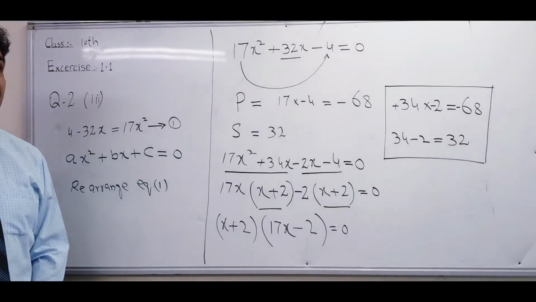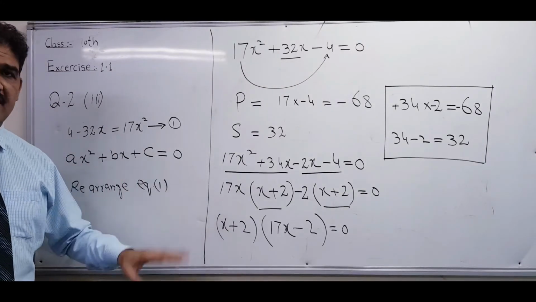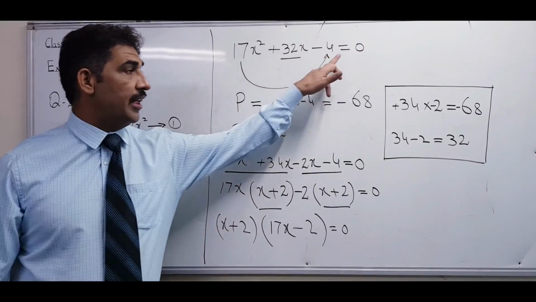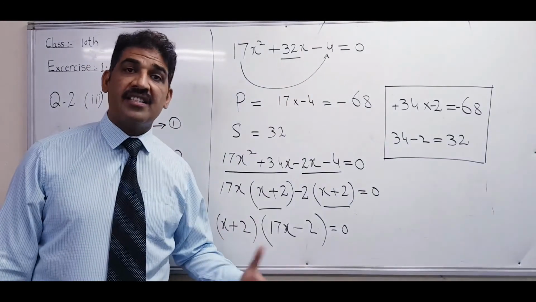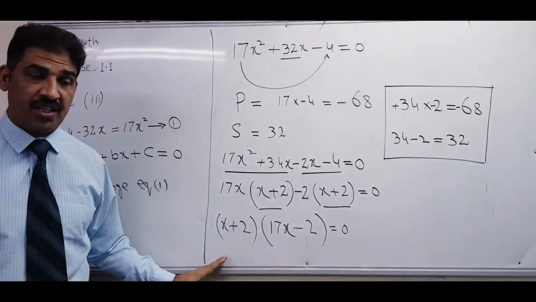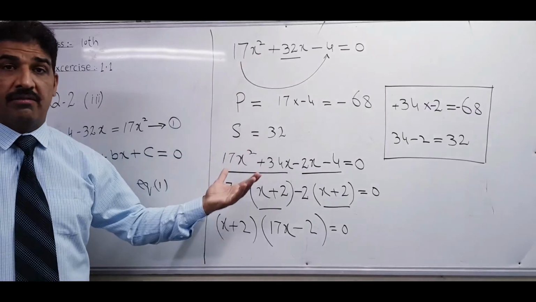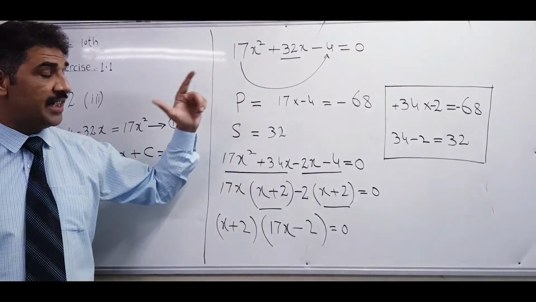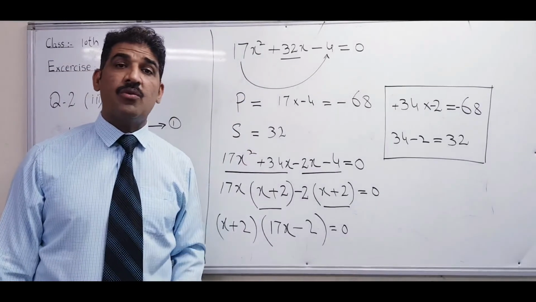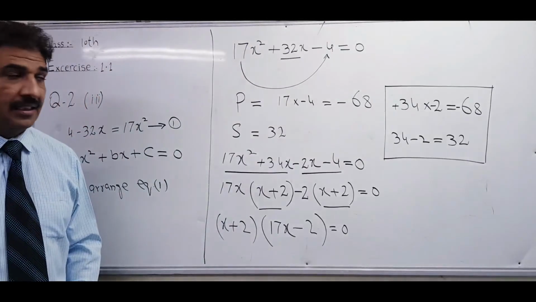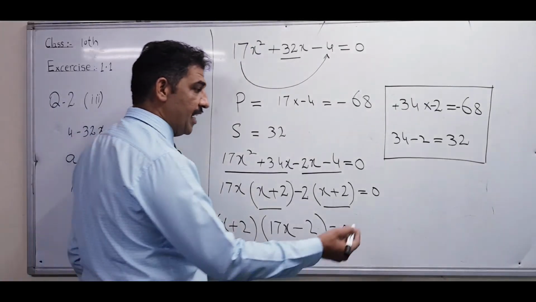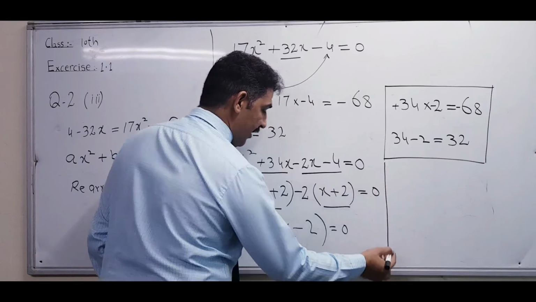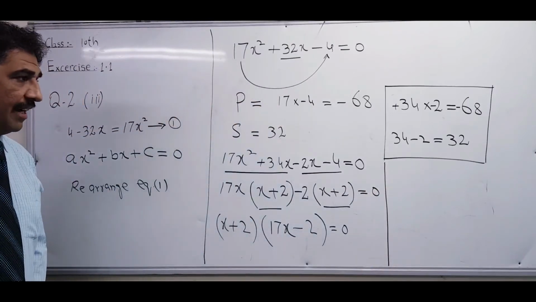If he says make the factors, then our question is finished. If there is no equal sign and he says make the factors or factorization, then our question will finish here. But he said solve, by our factorization method. Solve means we have to find out the value of x. So I will solve for the value of x here.